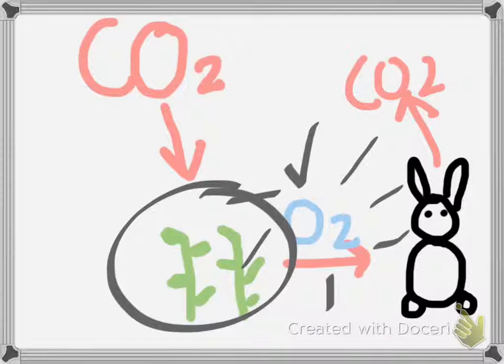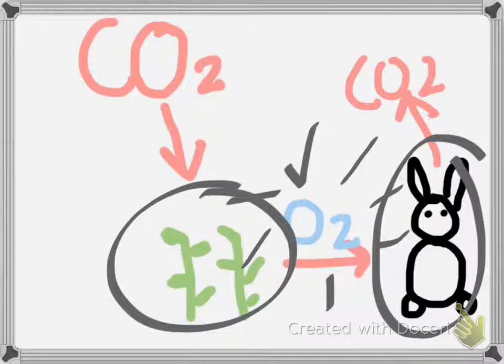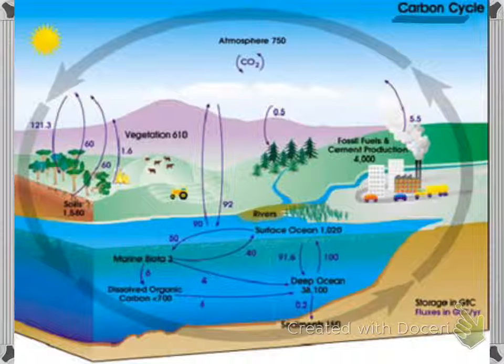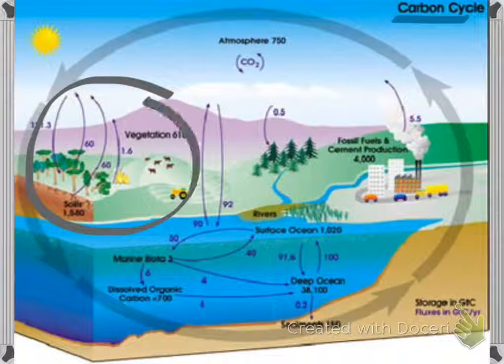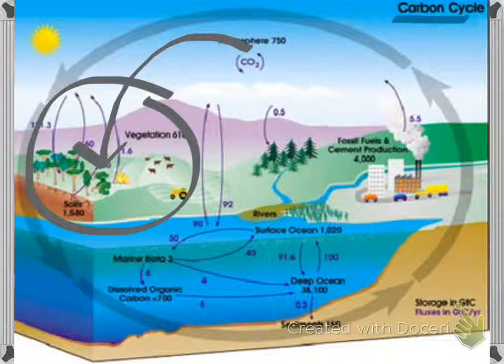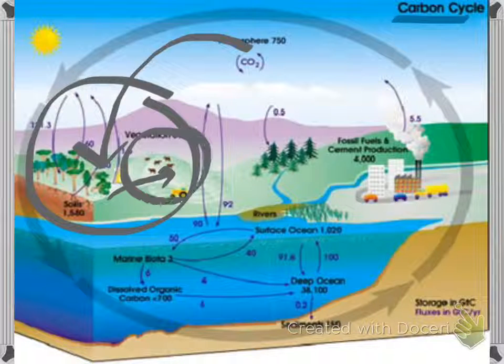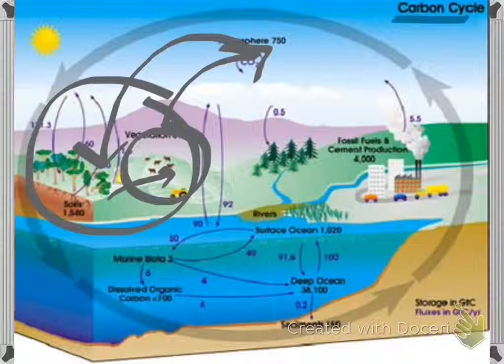Oxygen is then used by consumers, who go through cellular respiration to produce CO2, which is then released back into the atmosphere. So this part of the cycle is seen right over here. CO2 comes down from the atmosphere and is used by the producers through photosynthesis to make oxygen, which is then used by the consumers, who then do cellular respiration to create CO2 and put it back out into the atmosphere.